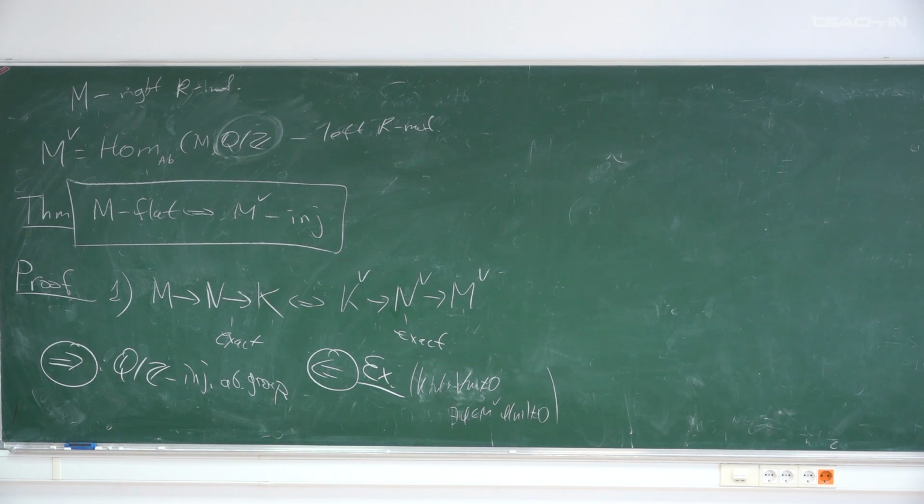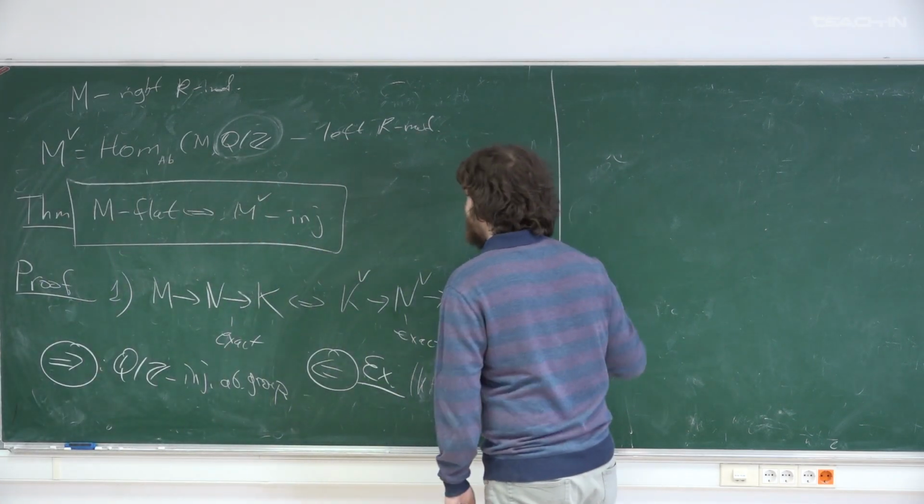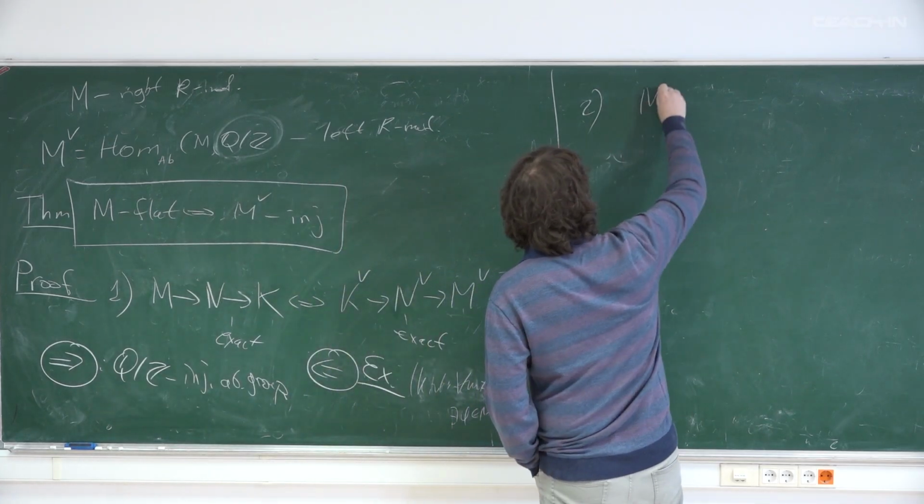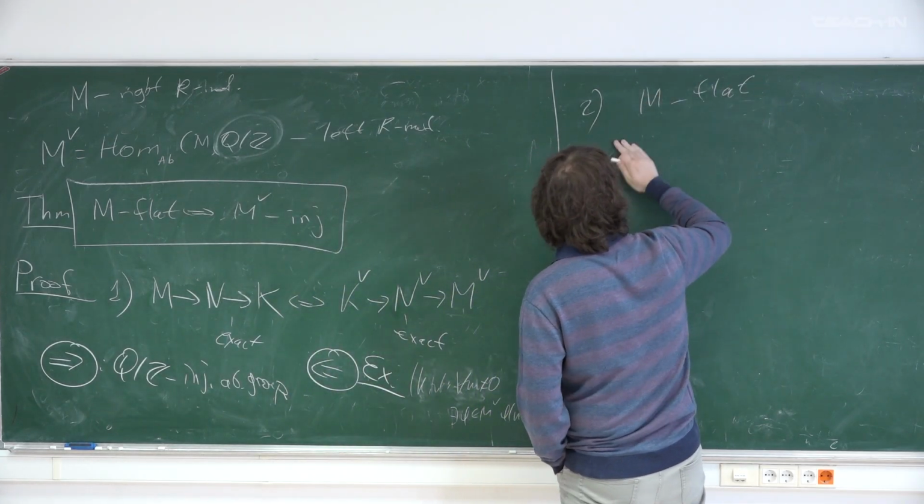Now this theorem is more or less obvious. The second step. M is flat, what does it mean?